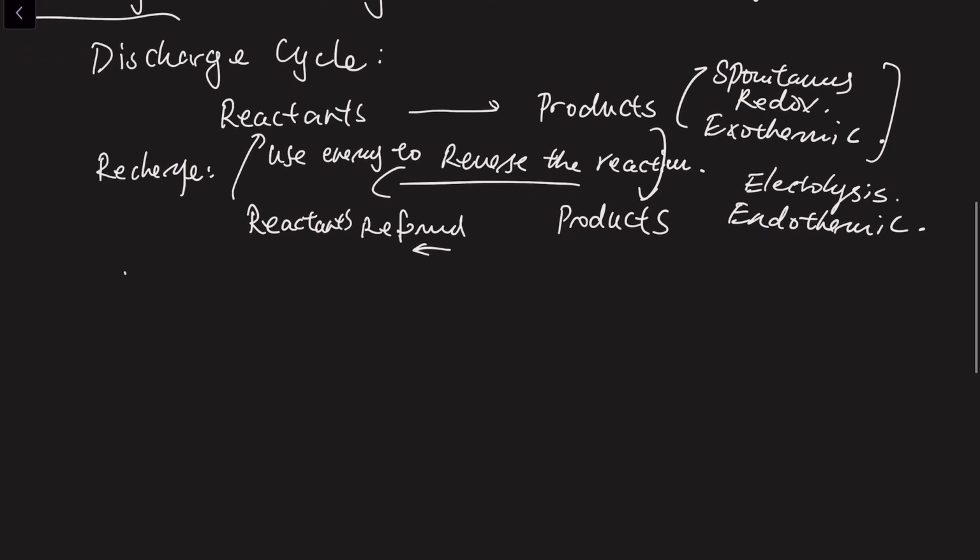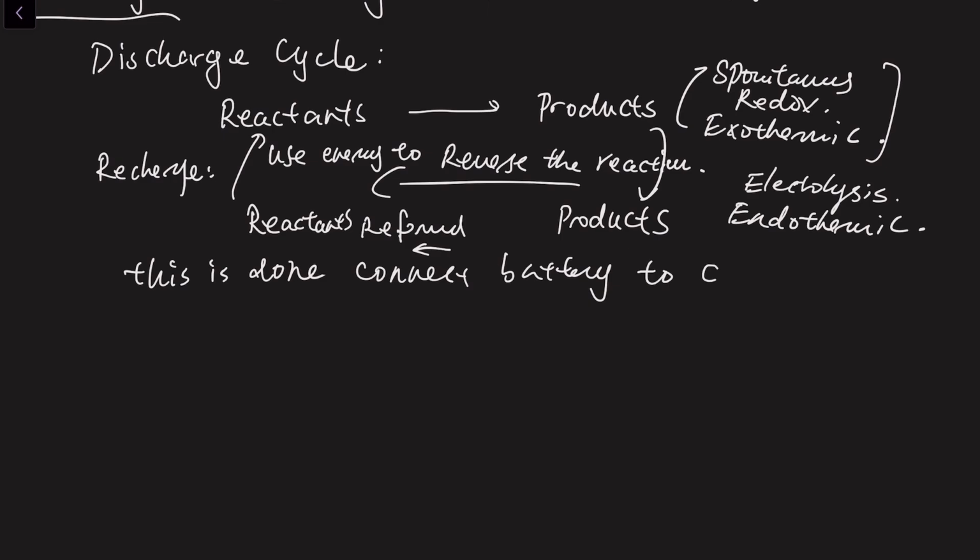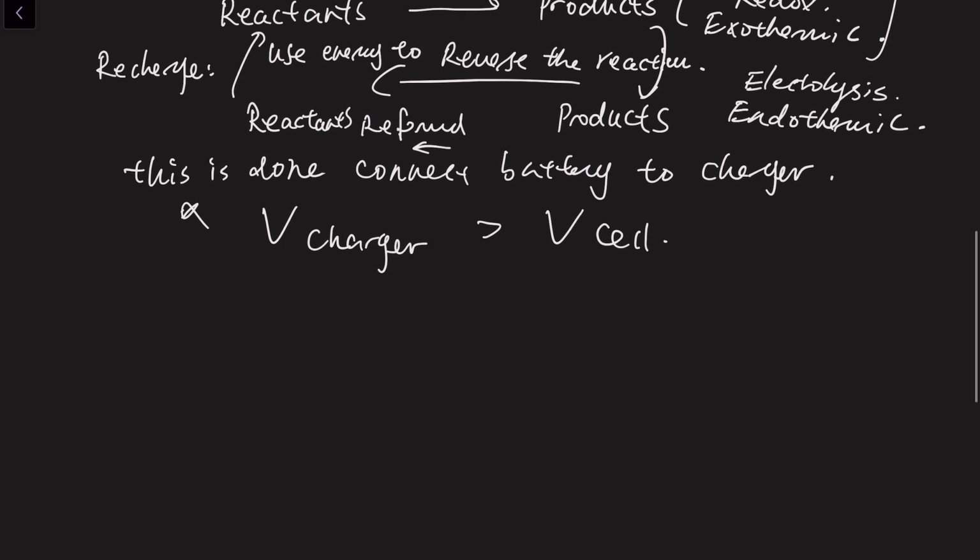This process, I think you should be very familiar with it. You connect the battery to a charger. And the very important thing you need to remember is that the voltage of the charger should be greater than the voltage of the cell. What do I mean by that?